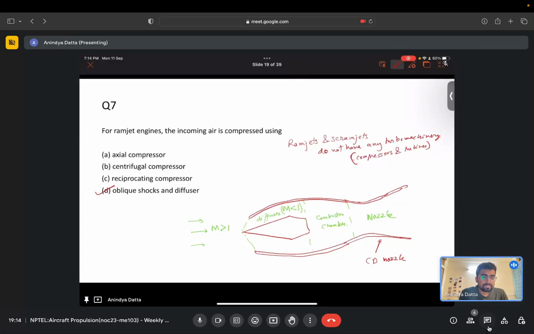So we can get rid of all the turbo machinery, and all the compression happens by the intake. In a ramjet, the design of the intake diffuser and this protruding strut is very important, so that you get the shock system and the diffusion process correctly to get the desired pressure rise. Any questions?